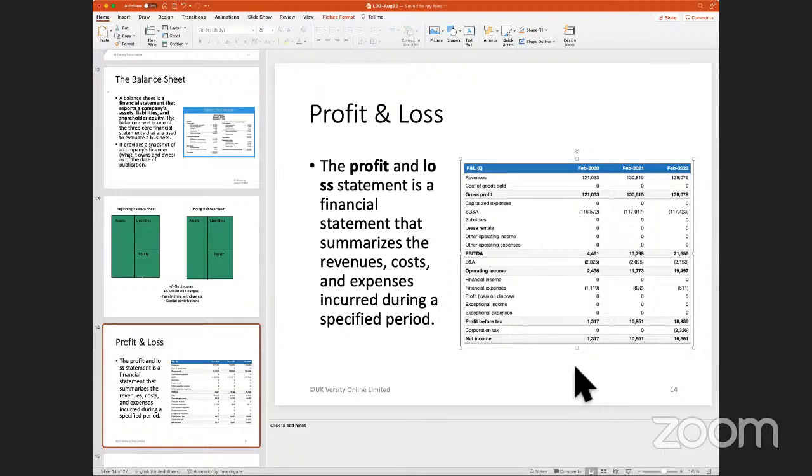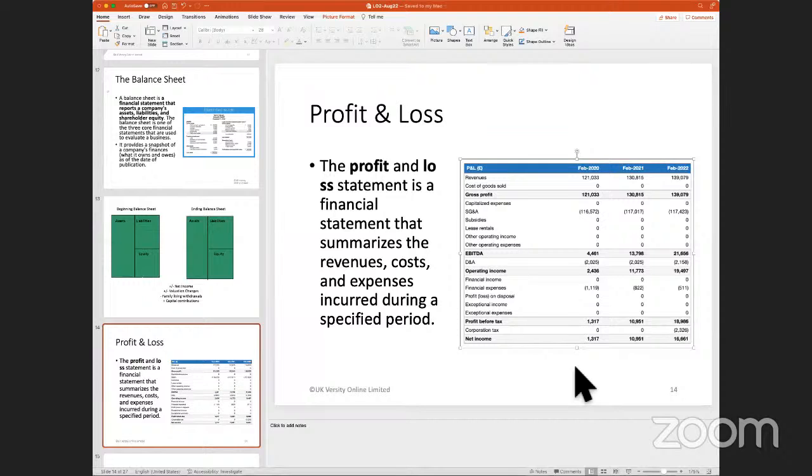And these statements are generated almost on a weekly or monthly basis by accountants or people working within the accounts in the company, because the company and the management would be interested in understanding how much sales have happened this month, what the expenses are, what the outgoings are, what the incomings are, and what the net profit the company would have at the end of this month.